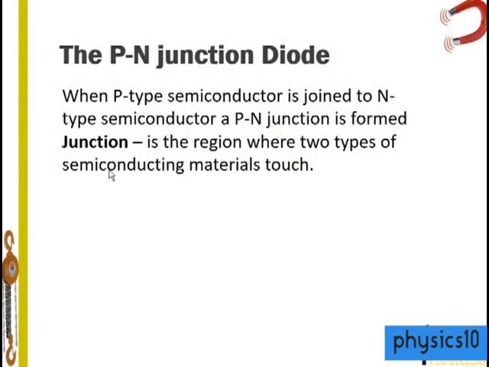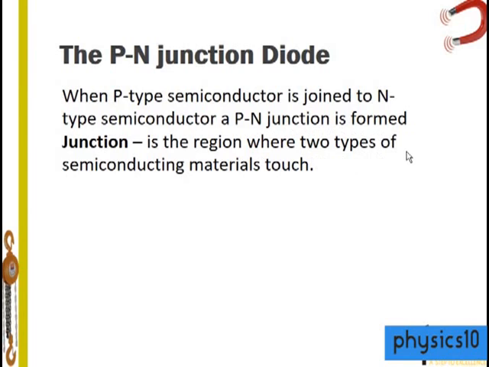You should remember that p-type semiconductors are semiconductors which have positive holes as their major carrier, and n-type semiconductors are semiconductors which have electrons as their major carrier.